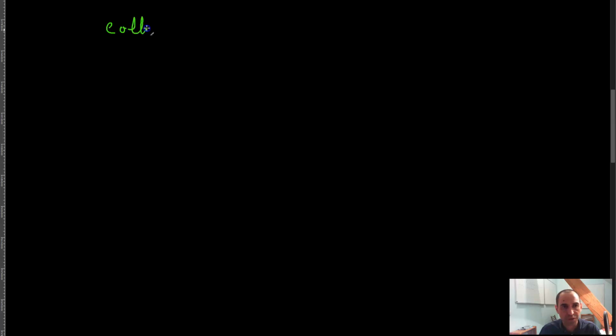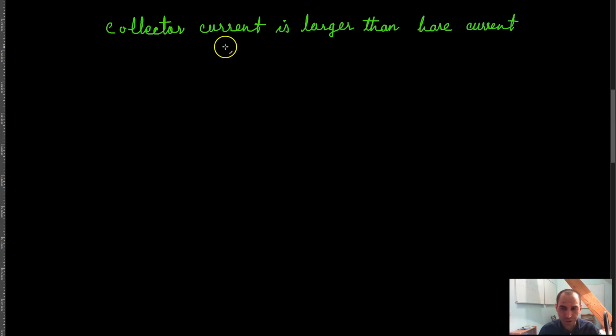So I write it down here: the collector current is larger than the base current. And of course, it wouldn't make any sense if it were different, because otherwise there would be no point in using a transistor, really, because you want to use the current gain of the transistor. You will understand what I mean by this.